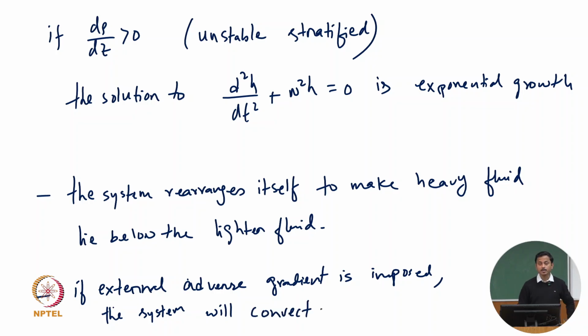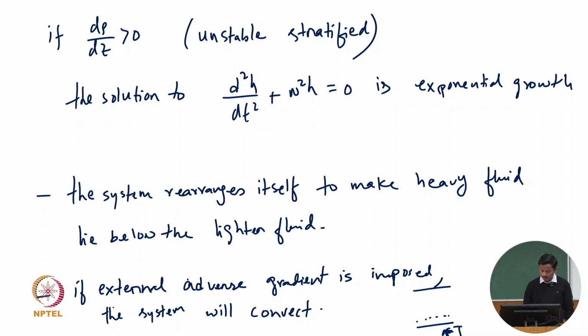So if an external adverse gradient is imposed by, let's say, heating the bottom of the plate, so you are heating from below, this is how you are making the system unstable, because you are now putting lighter fluid at the bottom and heavier fluid on the top. So the system will convect. That is, we usually say the system is in a state of convection. So this is the well-known concept of convection that you have already studied in higher classes.